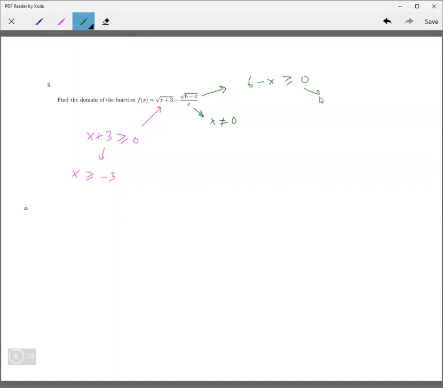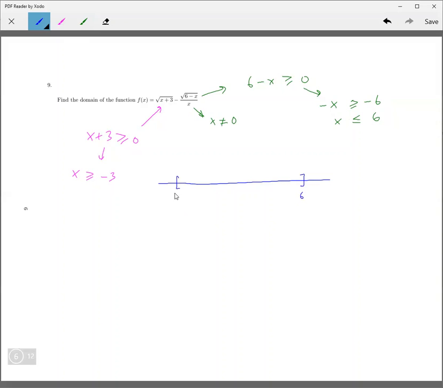Over here, let's see, if we take the 6 to the other side, and then multiply by -1, you have x less than or equal to 6. Okay, so less than or equal to 6, that would be like there.